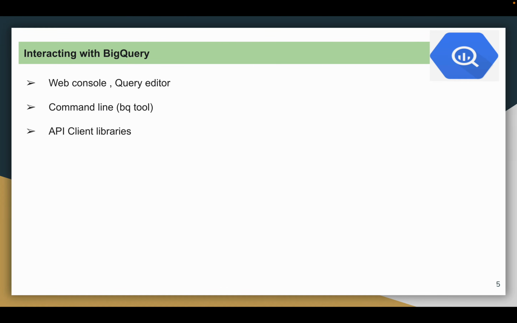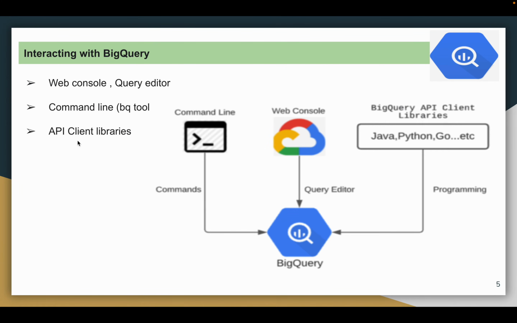Whatever we are capable of performing using the query editor, you can perform using the bq tool as well. And API client libraries, this is one of the important things. In real-time project implementation, we will be using this option, where you access BigQuery programmatically using the BigQuery API.